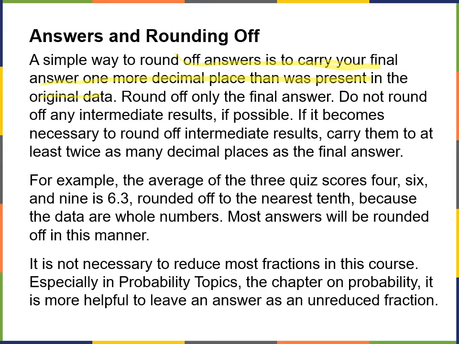Now, if you have to round in the intermediate steps, carry more decimal places than you know you're going to need. If we know how many we're going to need in the final answer, because we're going to carry one more decimal place than our original data set, then when we're rounding in intermediate steps, we're going to carry at least twice as many decimal places as we know we're going to need.